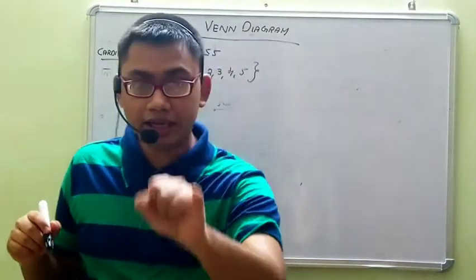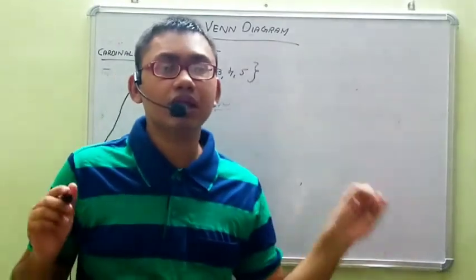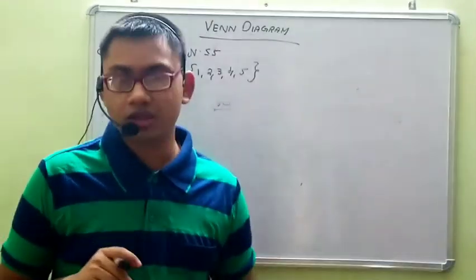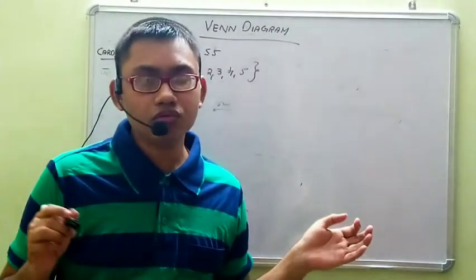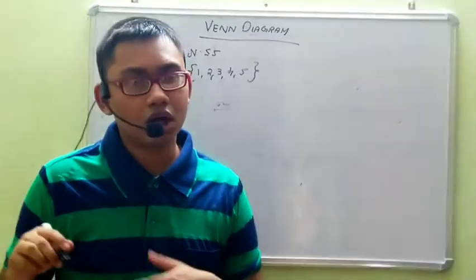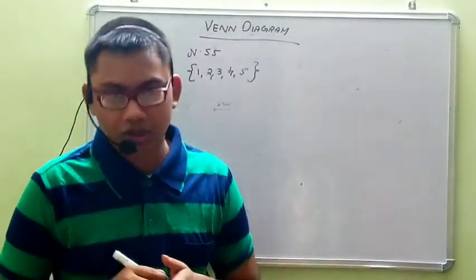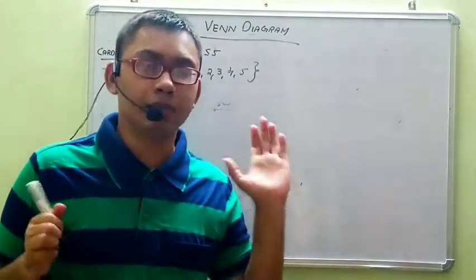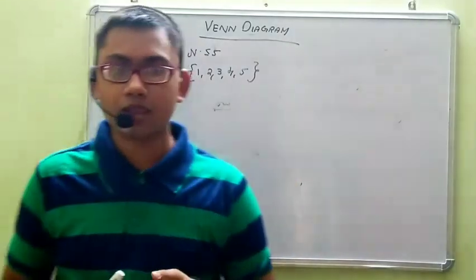Now, based on the number of elements, we can group sets into two, finite and infinite. If the number of elements is measurable as a natural number, because no set can have a negative number of elements, or a fractional number of elements. They can only have a natural number of elements. Might be 0 will be included as well in the null set.